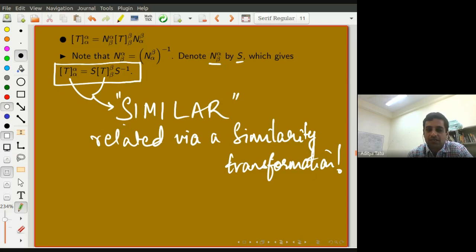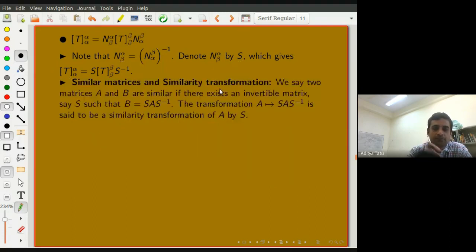Okay, so similar, do not think of this word as the word that we use in our day-to-day life. Similar is a technical mathematical word over here. We say two matrices are similar if they are related by this sort of a relation through some invertible matrix. Okay, so that is what is written over here.